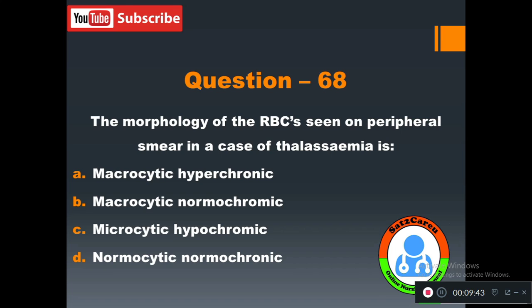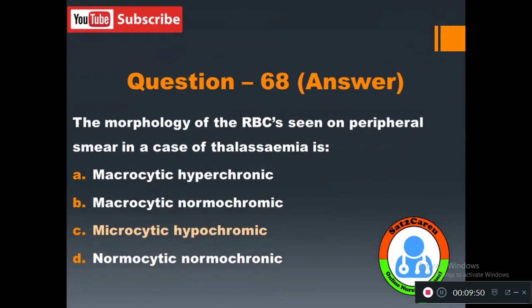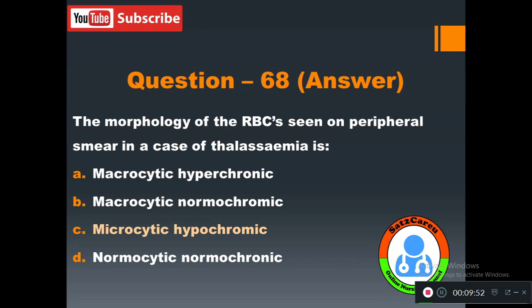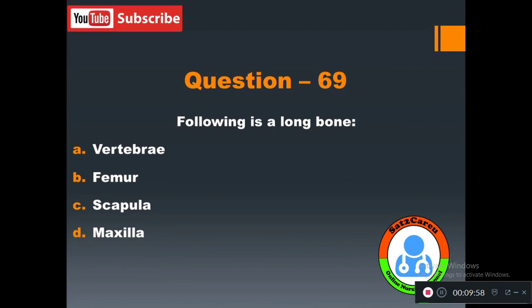The morphology of RBC seen on peripheral smear in case of thalassemia is option C, microcytic hypochromic. That is the right answer. Move on to question number 69.